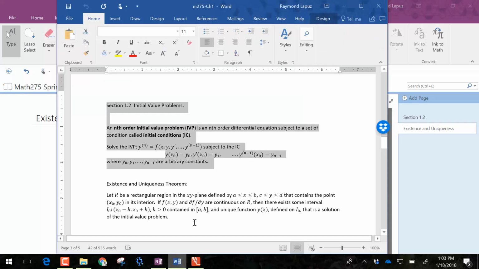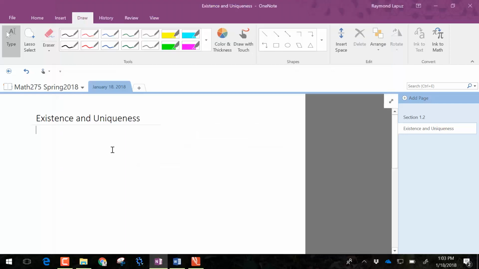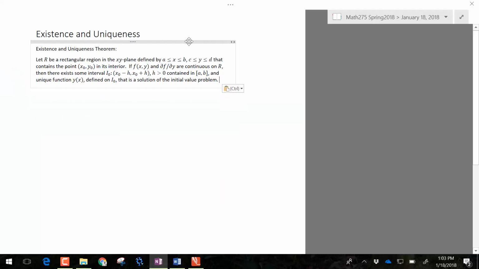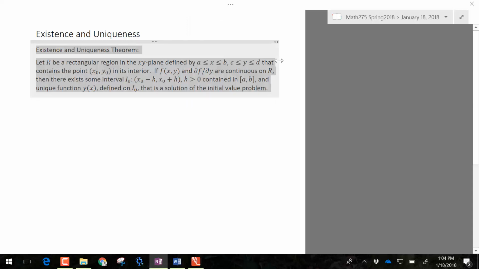So the next thing we want to look at is the big theorem for differential equations. When you're solving for things, how do you know that you're actually going to come up with a solution? And if you do come up with a solution, are there any more solutions, or is that the only one?